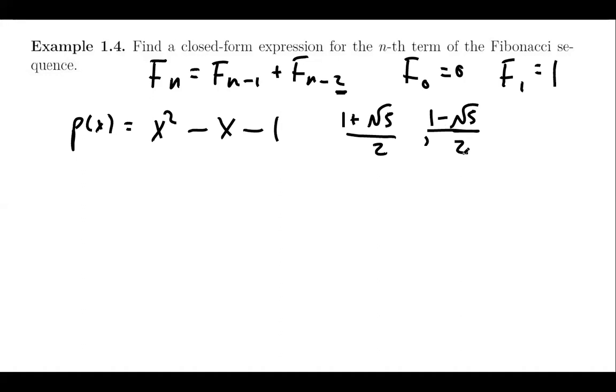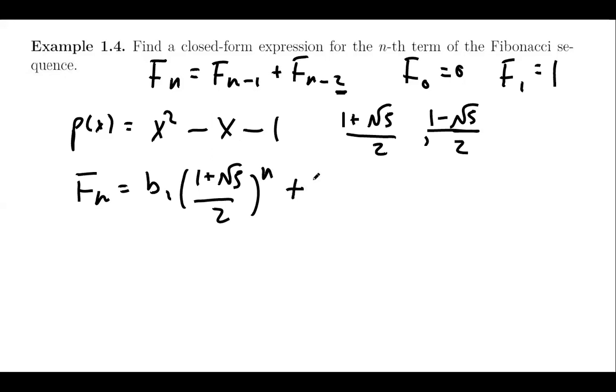So that means that Fn equals b1 times 1 plus root 5 over 2 to the n plus b2 times 1 minus root 5 over 2 to the n.